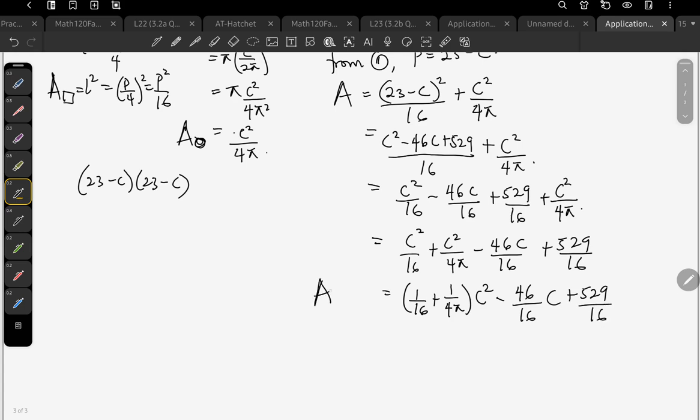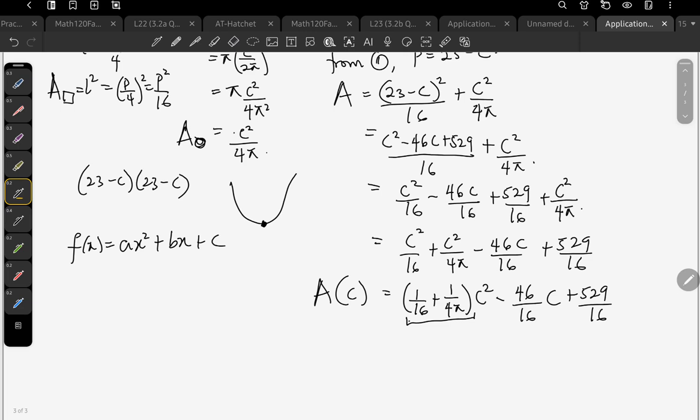So this is a quadratic model A in terms of C. The variable here is C, just like we usually have f of x equals ax squared plus bx plus c. Since the leading coefficient is positive, we know it's a graph that opens up, so that's a minimum.